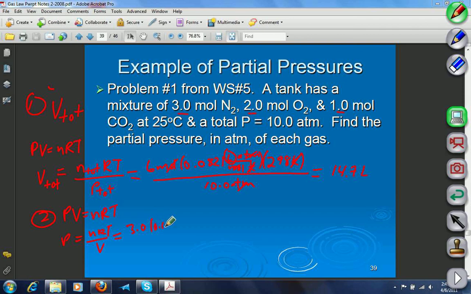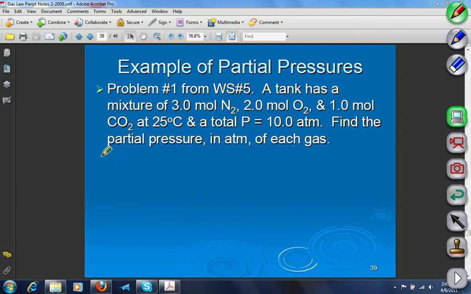So you have 3 moles of nitrogen times the 0.0821 liters atmospheres over moles kelvins, times the temperature, which is 298 K, all divided by the volume, which is 14.7 liters. And we'll do the math, and so we'll get the partial pressure for nitrogen gas, that's the proper way to write it, is 5 atmospheres. We are stuck with 2 sig figs in this one, so we had to round up.